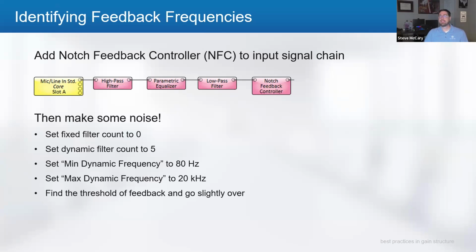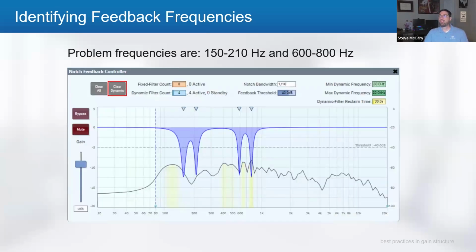This is actually, I believe, from level 2, where we do this as an example, where we put the notch feedback controller in, we put a microphone right next to a speaker, we do a couple of settings, and what you end up with is the inside of the notch feedback controller. Once it starts to detect feedback, you will see it pulling down those frequencies.